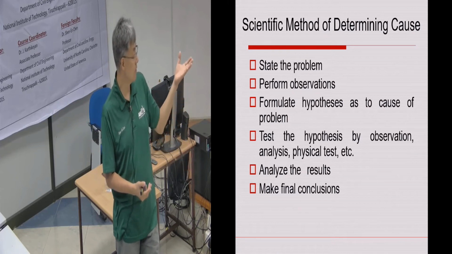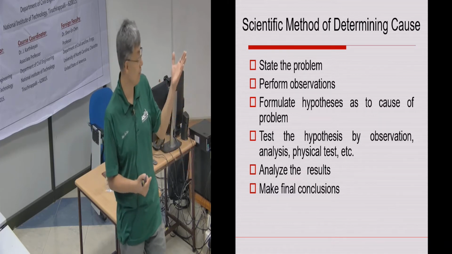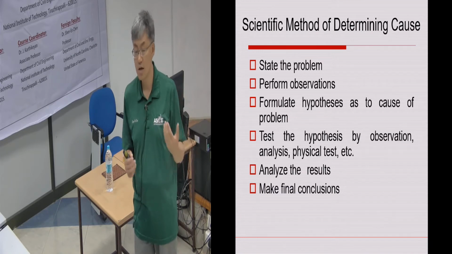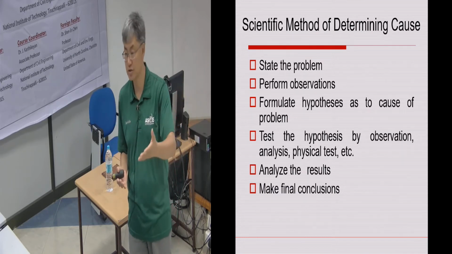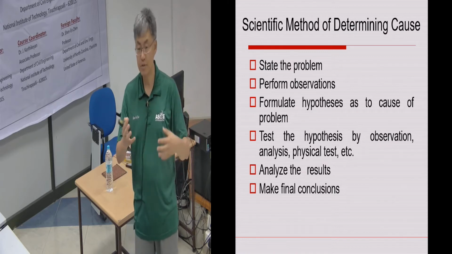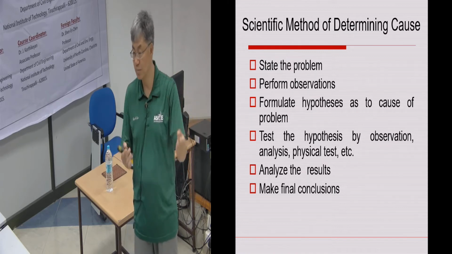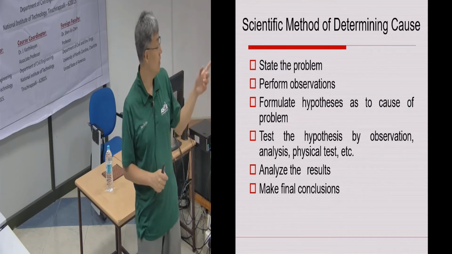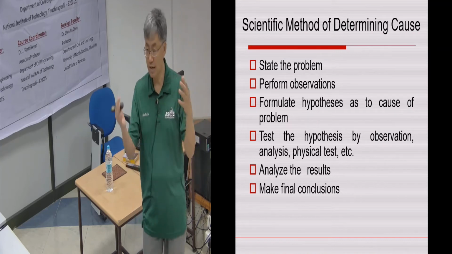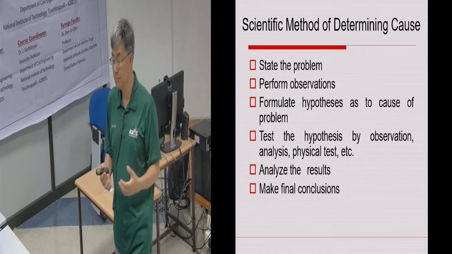Once you have the problem stated, you have to collect all the observations. You go into the site and find there is a lot of debris on the ground. What are the debris? Concrete, materials, steel members. You start documenting what happened.